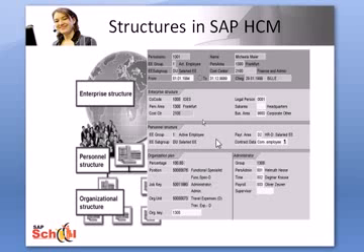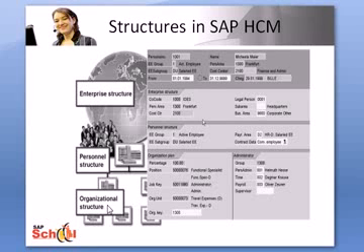The structure of an enterprise is divided into organization structures that are based on an organization plan, and administrative structures, these two, that are based on the enterprise and personnel structures. The organization plan provides you with a complete model of the structural and personnel environment of your enterprise.